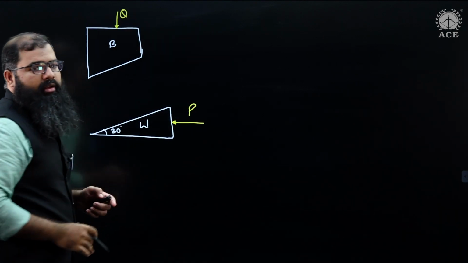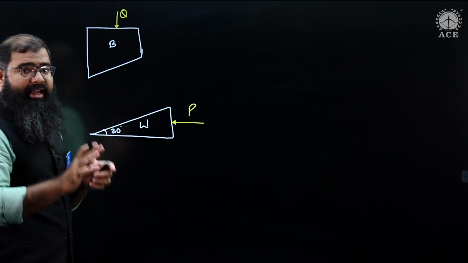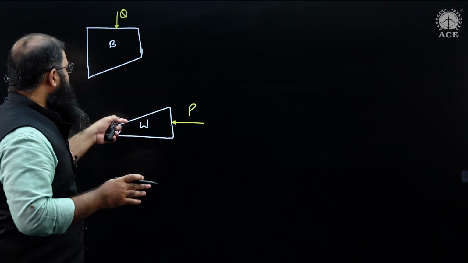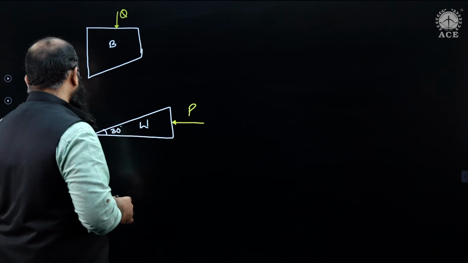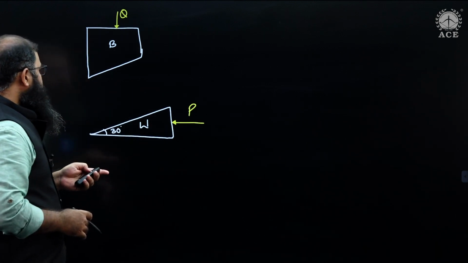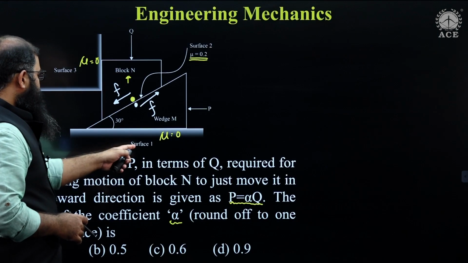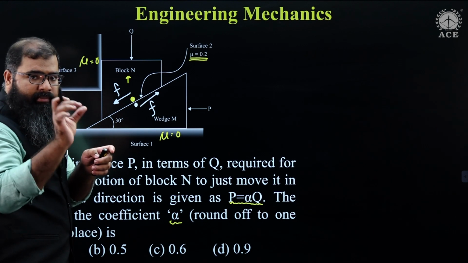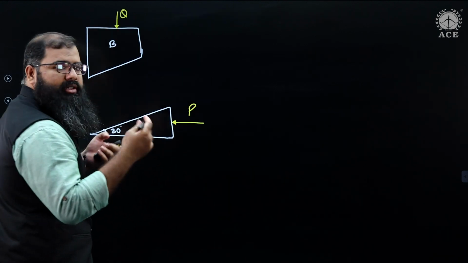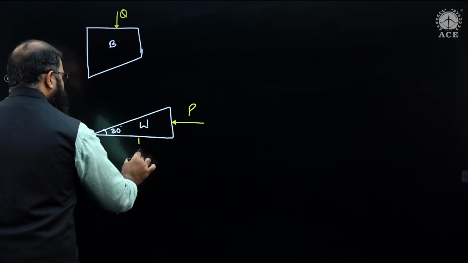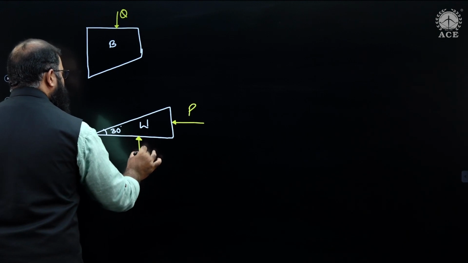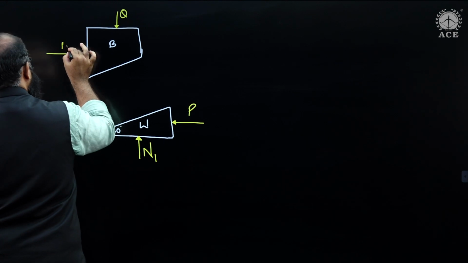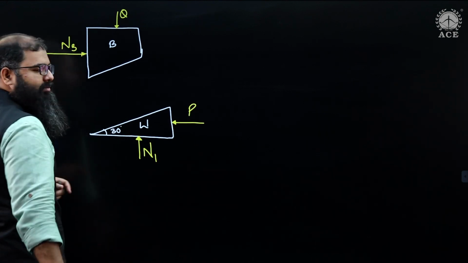The statement has indicated that we are not going to consider the weights of both these things in the free body diagram. That is fine. Moving further, I'm having two surfaces, surface 1 and surface 3. I would keep in mind their names or numbers and use the same numbers for normal reactions. Let us say this is normal 1 I'm having, and this over here is normal 3 I'm having.